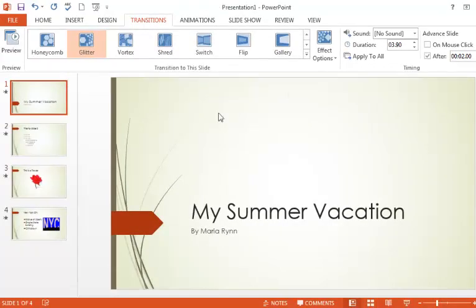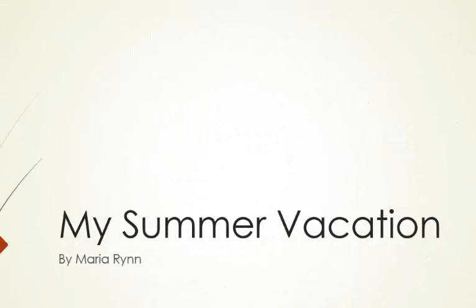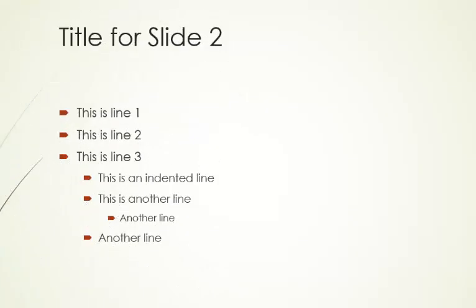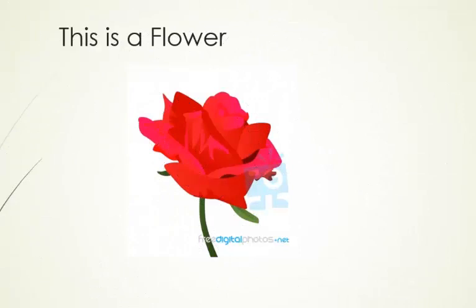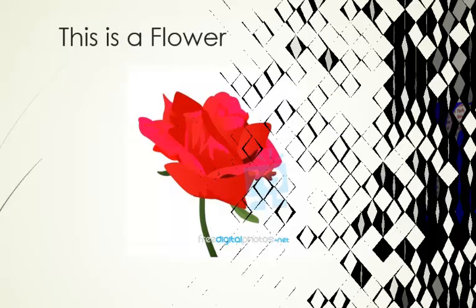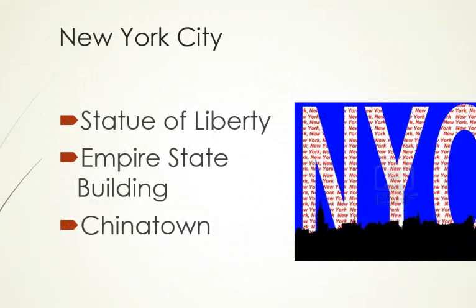Then I'm going to run it from the beginning. I'll click Slideshow, and I'll click From Beginning. I'm not clicking my mouse at all, so there's slide 1. I'm not clicking anything, and you can see after 2 seconds the next slide appears, and then after 2 more seconds the next slide appears without me clicking the mouse, and then the 4th slide appears after 2 seconds. 2 more seconds will pass and the slideshow will now end.